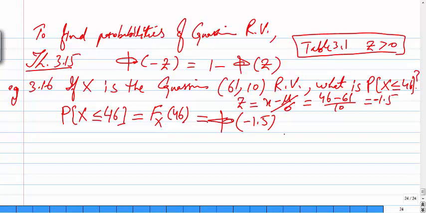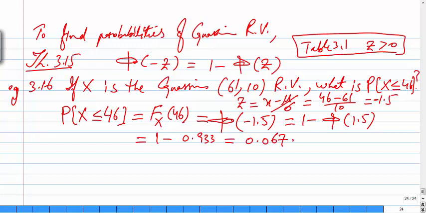So now we apply theorem 3.15. This is equal to 1 minus phi of 1.5. So you can easily look at the table. Phi of 1.5 is 0.933, so it becomes 1 minus 0.933, and the probability becomes 0.067.